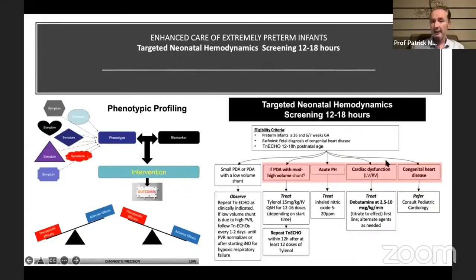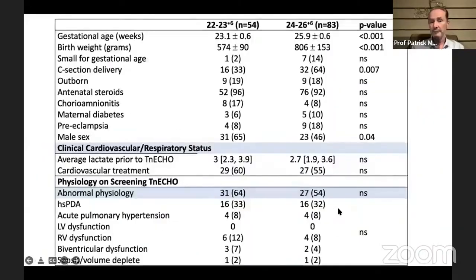So based on an early screening echo, we performed a treatment or phenotype specific approach to care. Babies with progressive PDA shunts got intravenous Tylenol, babies with pulmonary hypertension got low dose nitric oxide, and so forth.